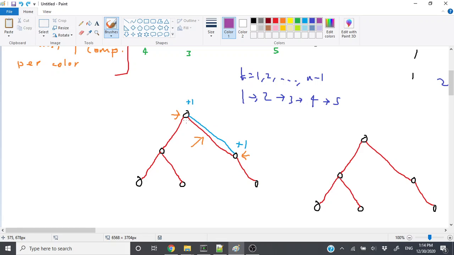Which means that now, because we have a tree, and there's exactly one path between any two nodes, these two red edges are going to be disconnected from each other, meaning they're going to form two components, because the whole path between these two edges is being destroyed. Okay, so that's basically the idea of a proof that we can only affect at most one vertex. Because if we did more than one, it would be illegal.